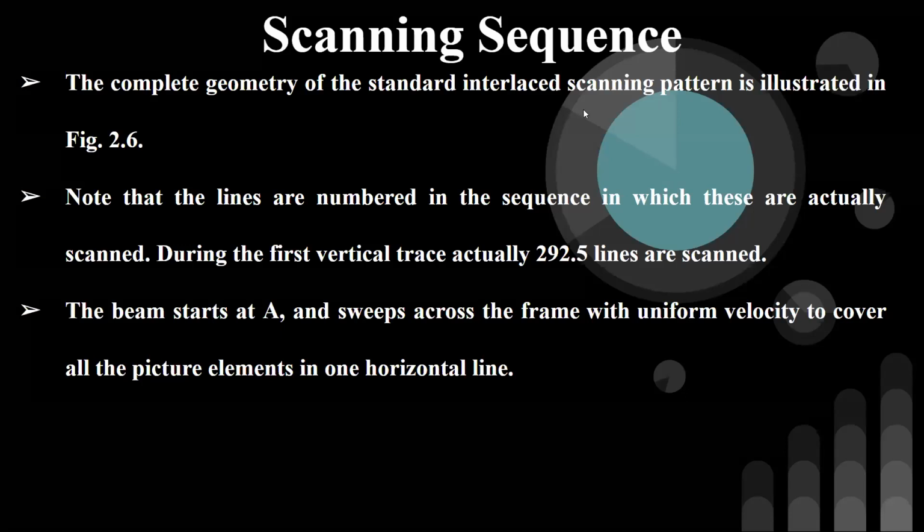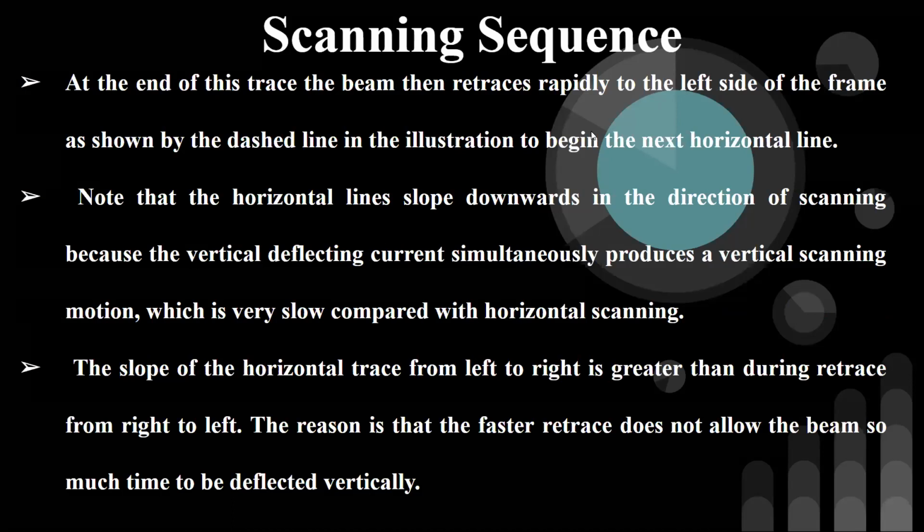So note that the lines that are numbered here, which we are maintaining, so that the beam starts here. What is this here? So the beam starts at the end. Therefore, the scanning sequences are required.